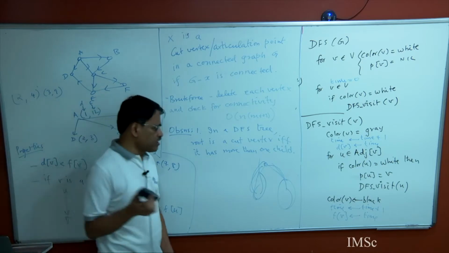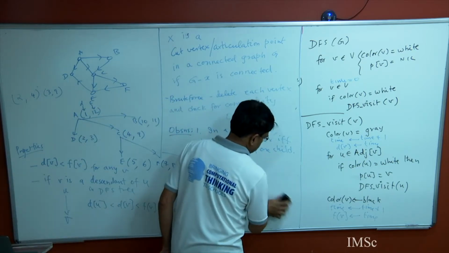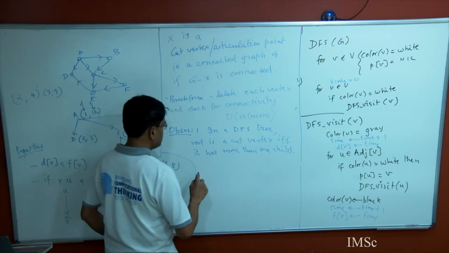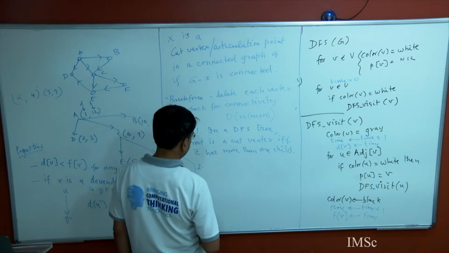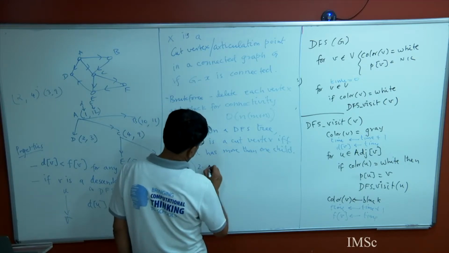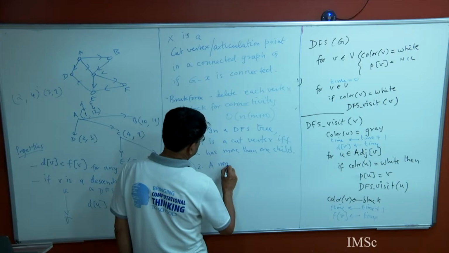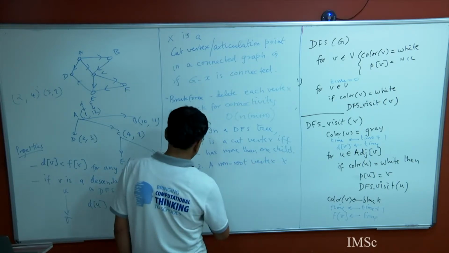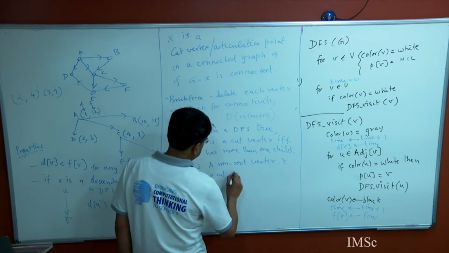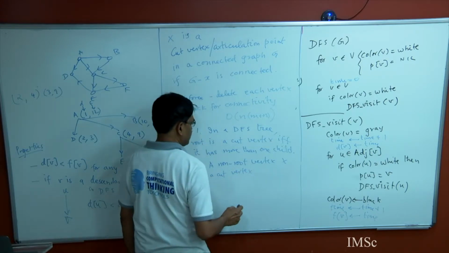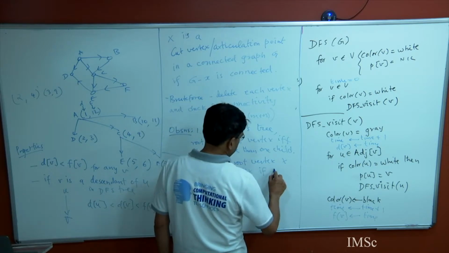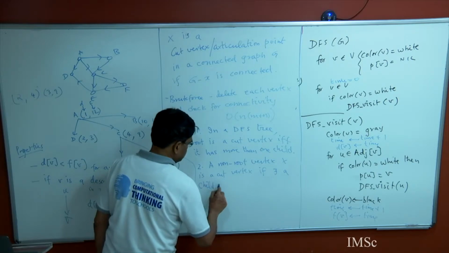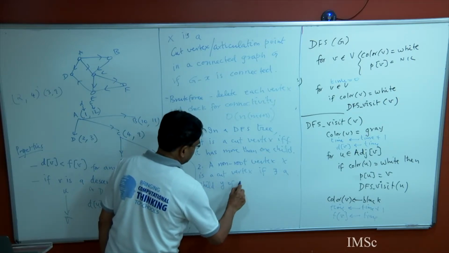Okay, what about other vertices? By the same kind of reasoning. A non-root vertex X is a cut vertex if there exists a child Y of X in the DFS tree.